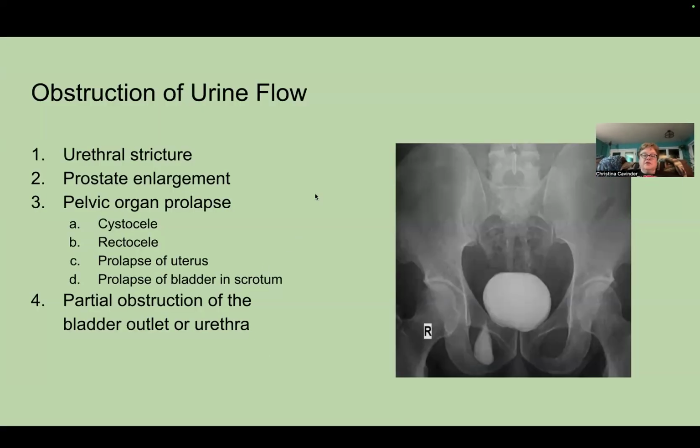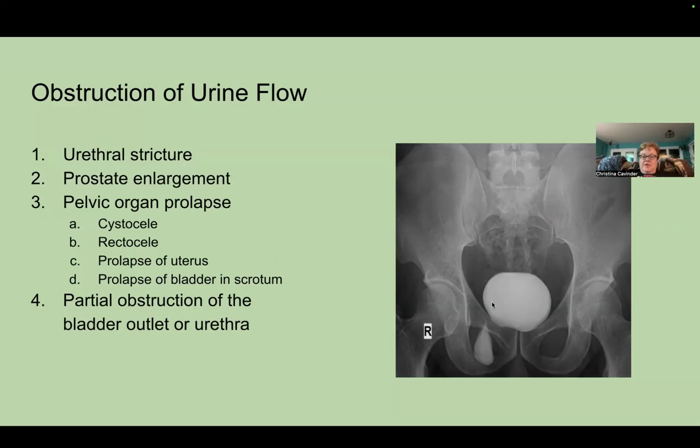So obstructions of urine flow, you can have a urethral stricture. It can be a prostate enlargement in men. Pelvic organ prolapse. For these, you can have a cystocele, which we're going to go over in a second, but this picture is a prolapse of the bladder into the scrotum. So you see the dye here. This is a VCUG because you don't see it coming down from the kidneys, which is normal.